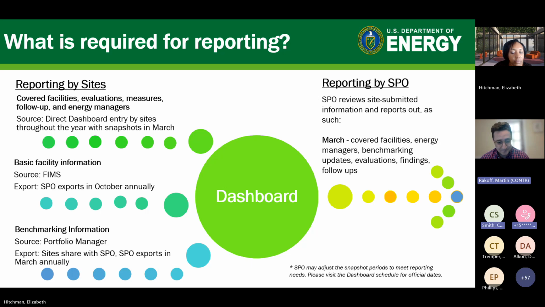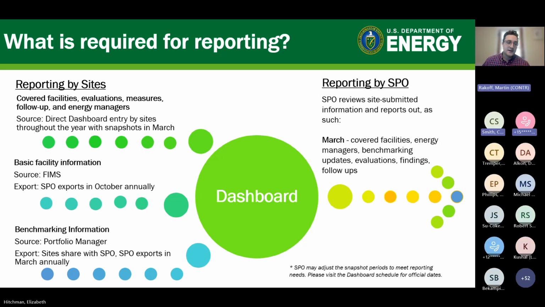Okay, so this graphic shows what goes into the dashboard and then what we report out. So reporting from sites, we take covered facilities, evaluations, measures, follow-up, energy managers, and that is all direct entry into the dashboard by sites throughout the year with snapshots in March. And then we get basic facility information from FIMS, and export in October annually.